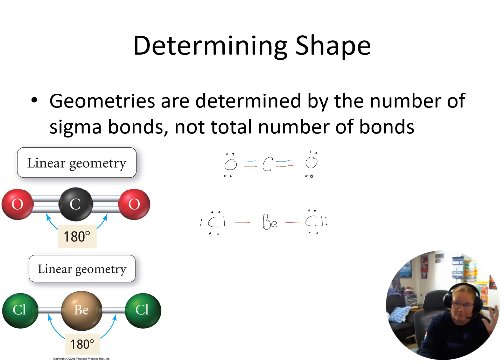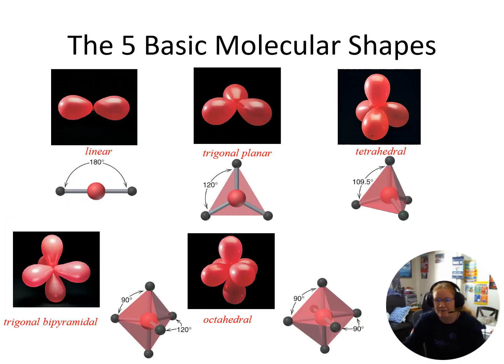Now there's 5 basic molecular shapes. Again, in your prep class, theoretically you learned about linear, trigonal planar, and tetrahedral. And now we're going to add in trigonal bipyramidal and octahedral. Okay, so here's our 5 basic molecular shapes with some balloons to help understand the shaping there. And so our linear, straight line, so here I've got a linear molecule.